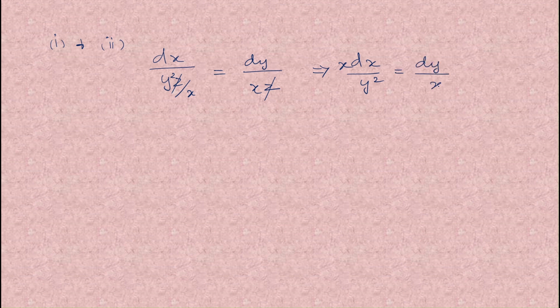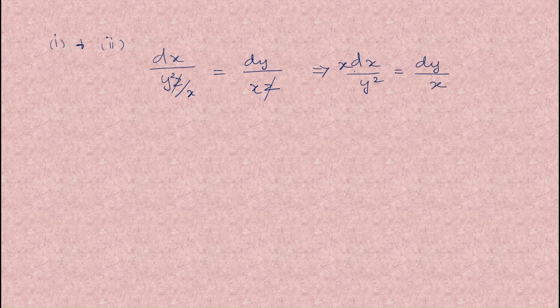From ratios 1 and 2, it is dx divided by (y square z by x), which is equal to dy divided by x into z. So this z and this z cancel, which implies this denominator x can be taken to the numerator, so that here x dx divided by y square is equal to dy divided by x.